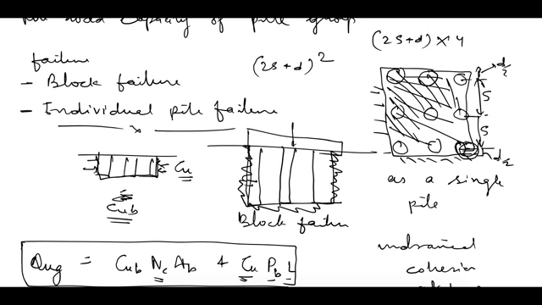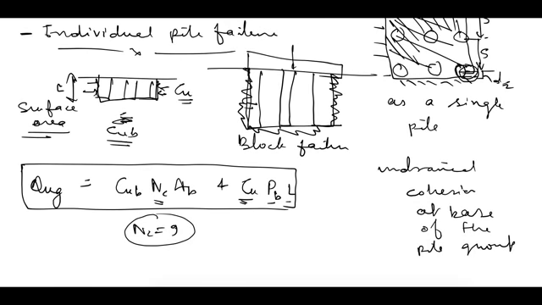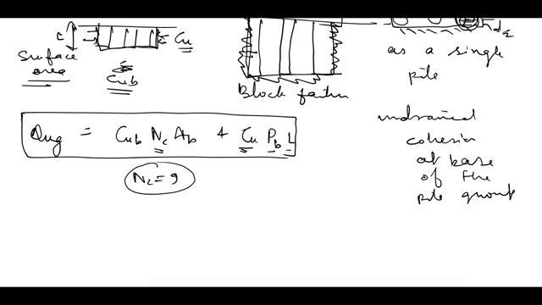It will be times 4. So that is the value of Pb, and L will be this embedded length. So if we multiply this Pb into L, we will get the surface area. Whereas this is about the failure as a group, as a block failure, or I can say failure as one big pile.